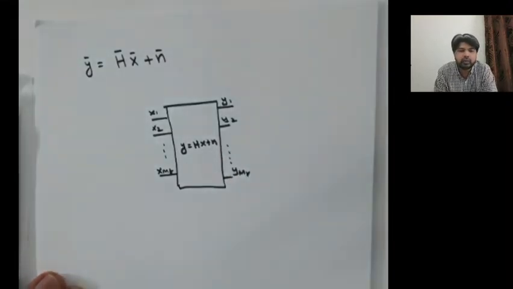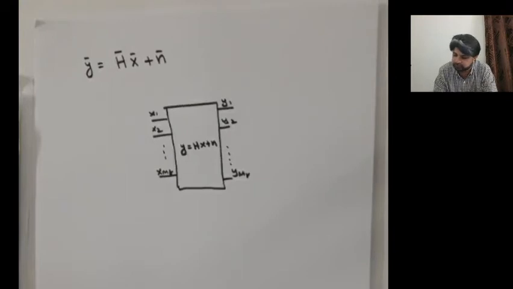And now we can make use of something at the transmitting end and something at the receiving end. That means we can process the signals at the transmitting and the receiving end in a manner such that we can convert this channel matrix into a set of parallel channels.